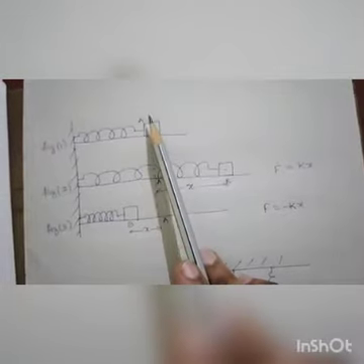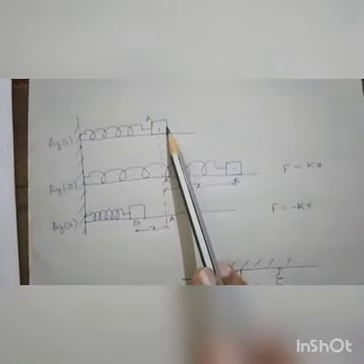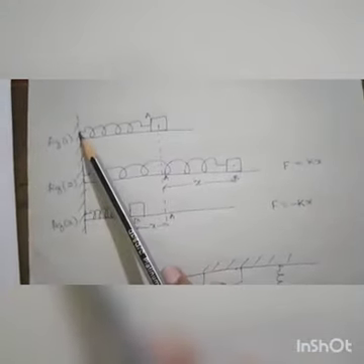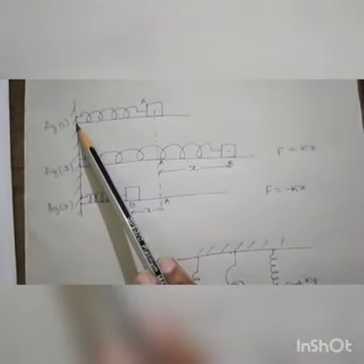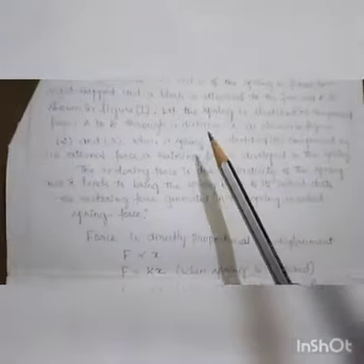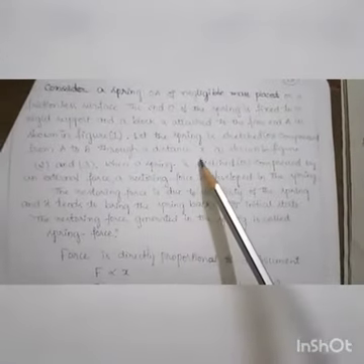End A is a loaded mass and the spring is connected to the rigid support at the other end. Let the spring be stretched or compressed from A to B through a distance x as shown in the figure.